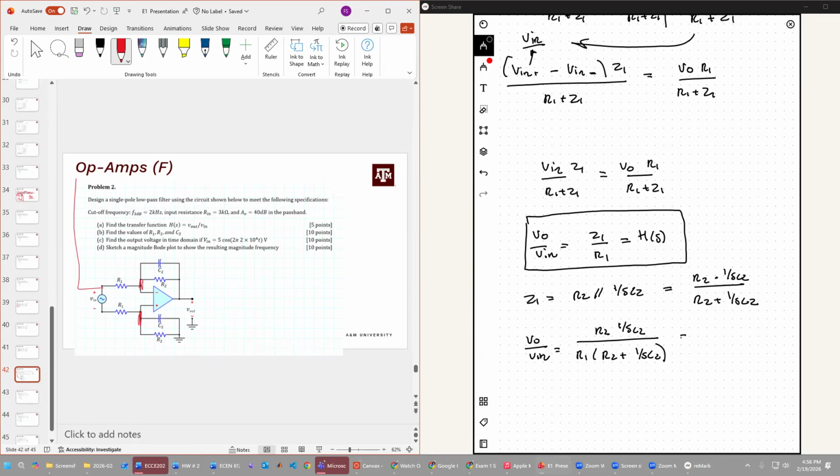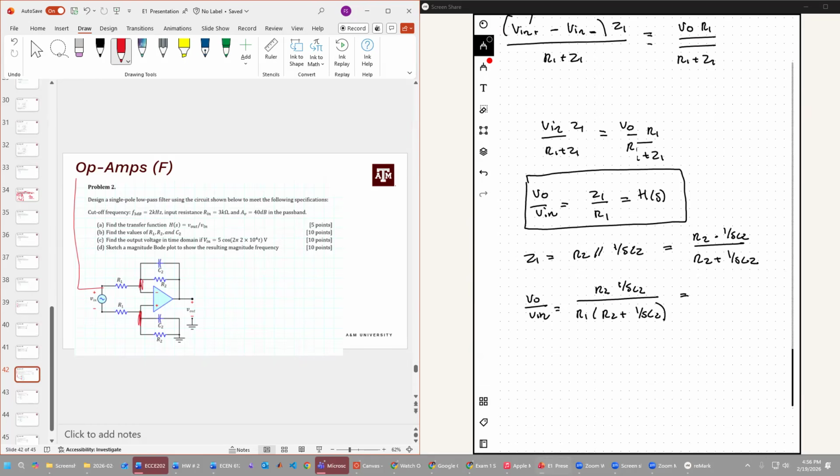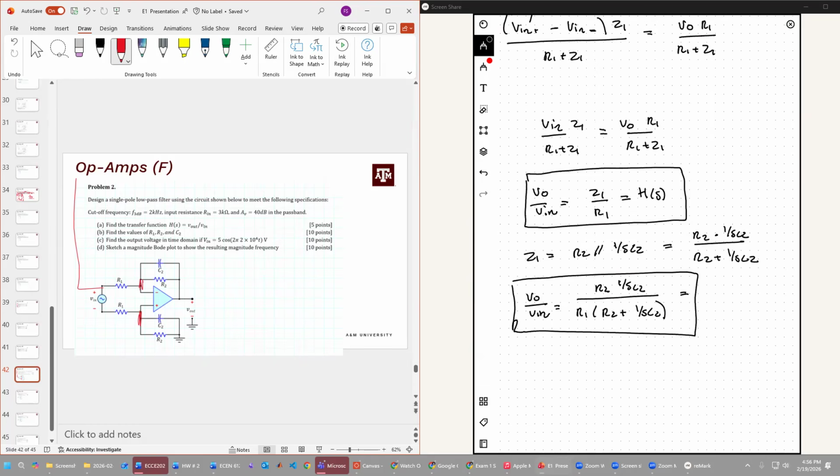And from here, you can just plug in the resistor values, and that would be your transfer function. You can simplify further. I think you guys get the gist from here.